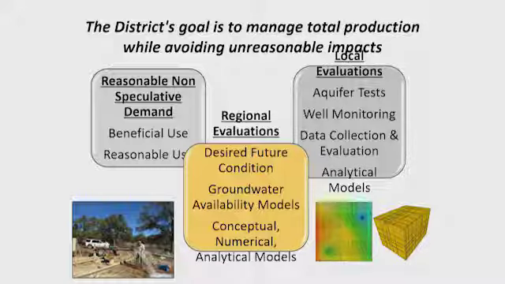But that can be tricky because oftentimes there are tools that are not necessarily the best for these types of evaluations. They're too coarse, or tools don't exist. And even when there are some models available, there's inherent uncertainty in those models as you project further into the future. So where we really focus our efforts in assessing for impacts is looking at these local evaluations.